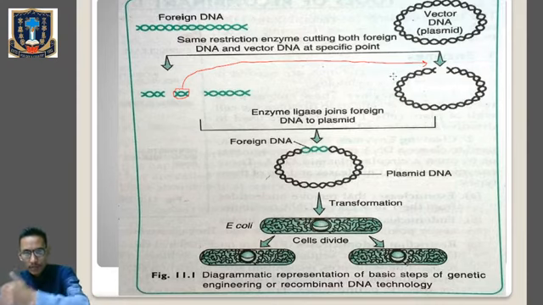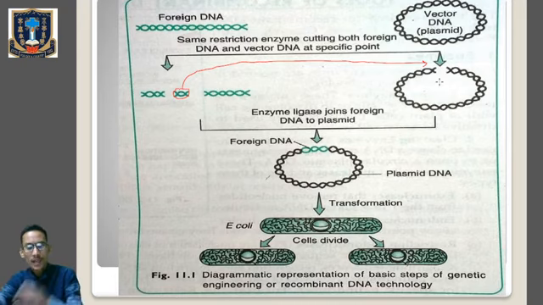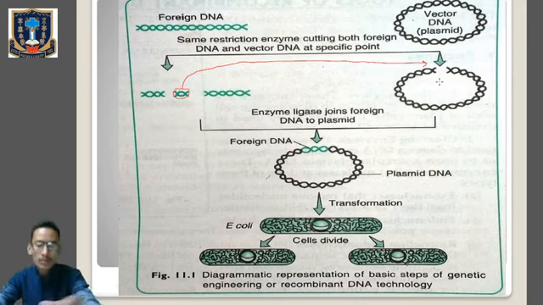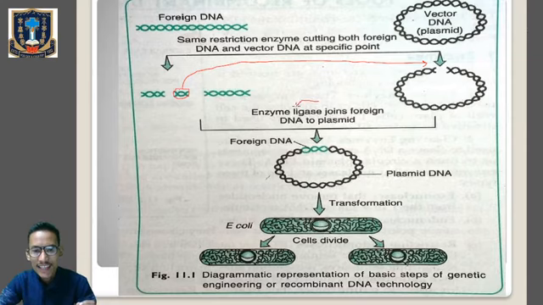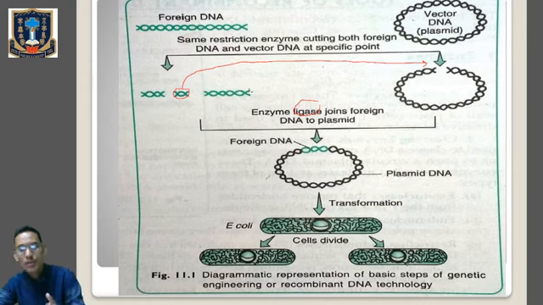Now this particular joining of foreign DNA having the segment of gene of interest into the plasmid vector is possible due to the discovery of molecular glue, that is the enzyme known as DNA ligase. The enzyme DNA ligase is mainly utilized to join the foreign DNA to the plasmid vector.